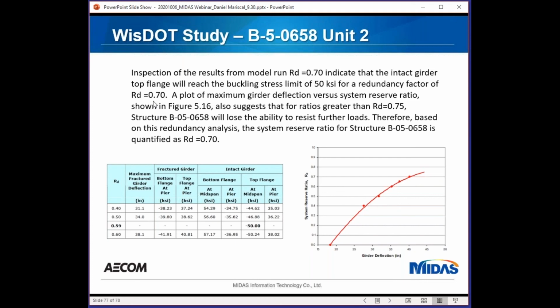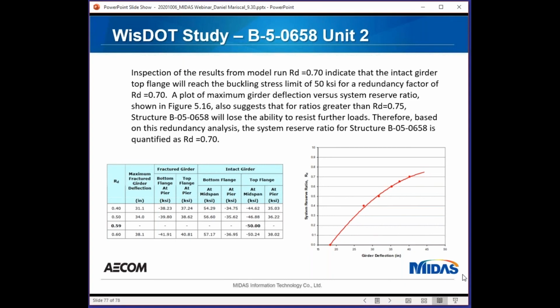We started with a small number and went up until there was a stress in the girders higher than yield, and that's when we deemed the structure failed.